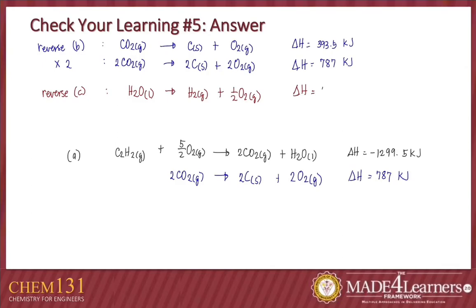So, nahimo siyang positive 285.8 kilojoules, and that's what we're going to add here sa ato equation. So, H2OL, H2 gas plus 1/2 oxygen gas. And delta H is equal to 285.8 kilojoules.